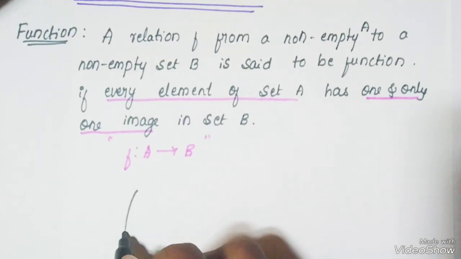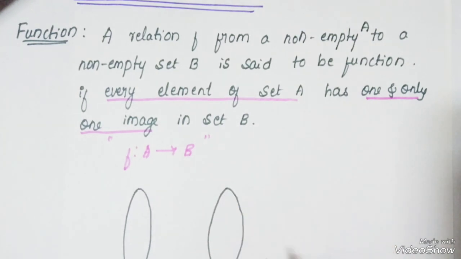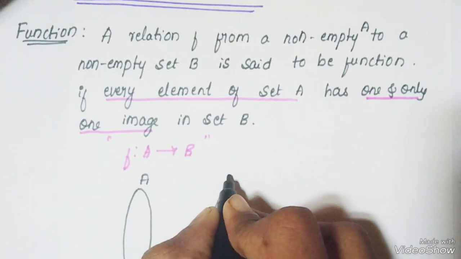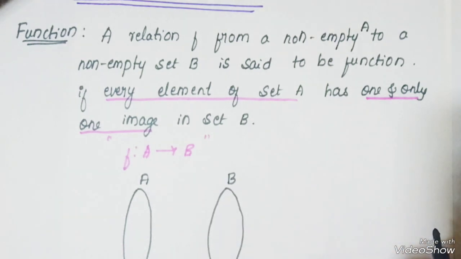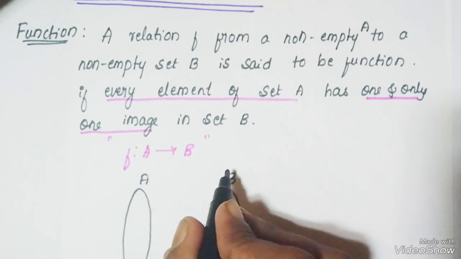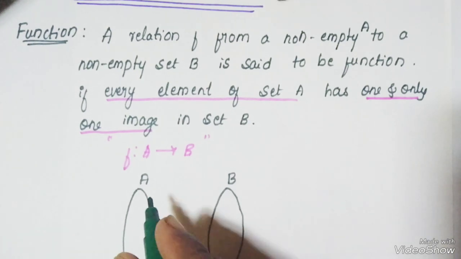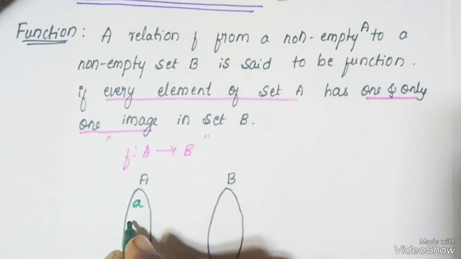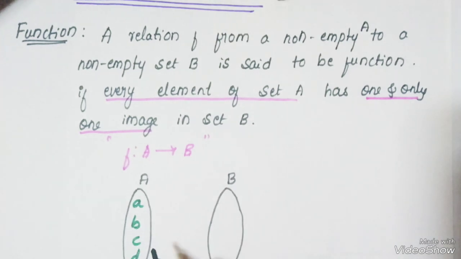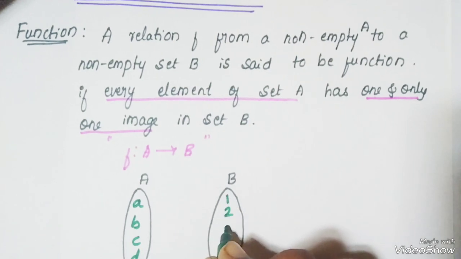Let A be a non-empty set and B be a non-empty set. There is a function from the non-empty set A to the non-empty set B. Here we take the elements of set A, for example, a, b, c, d, and in set B, the elements 1, 2, 3, 4, 5.